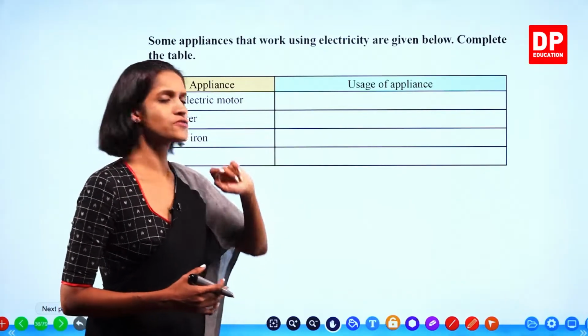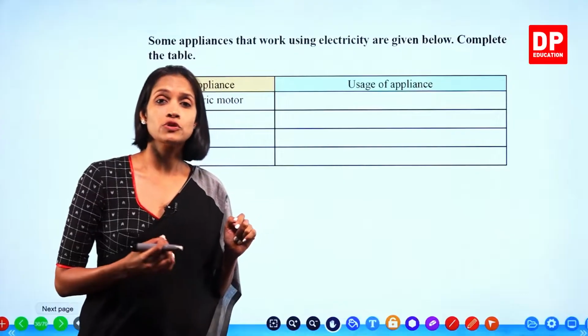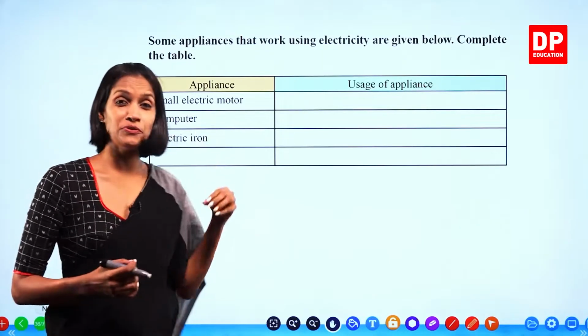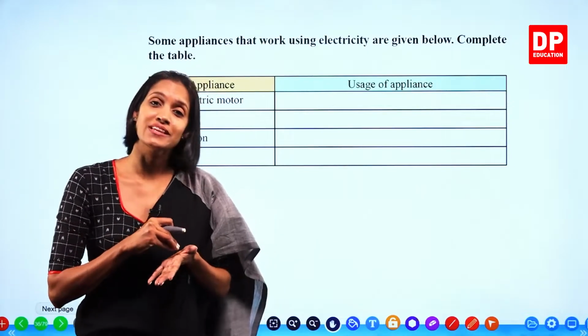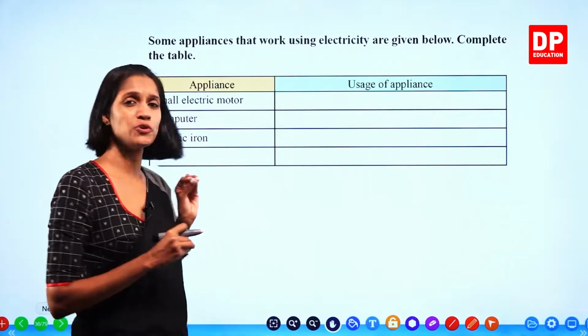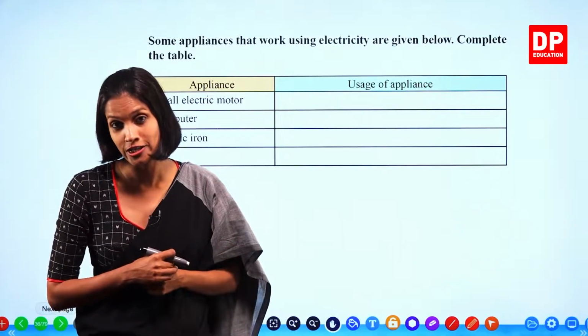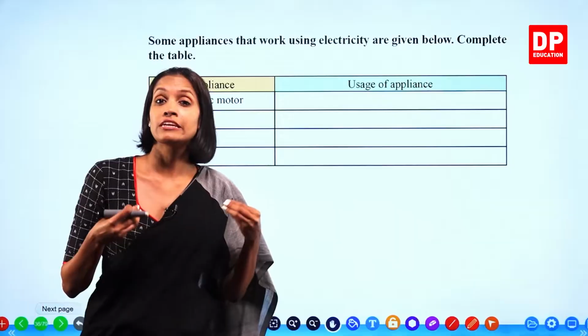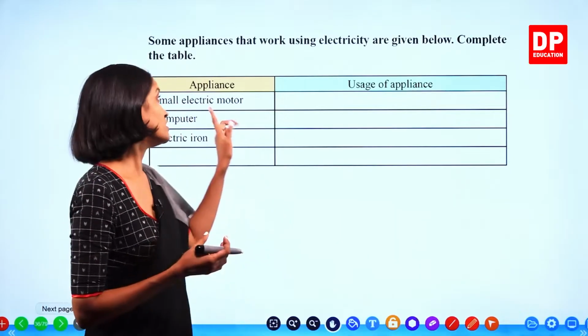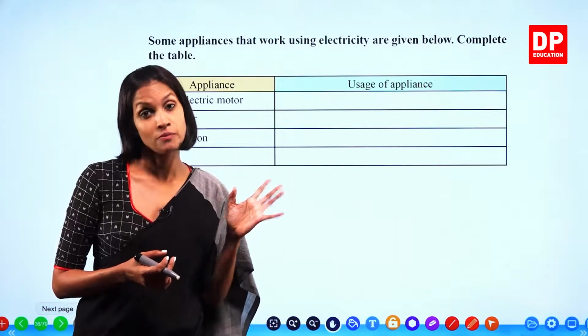What is the usage of small electric motor, children? You all know that some of you are good at making small toys, inventing new things. So in that case, sometimes to make small toys, we can use these type of motors. Okay, and even when we make different electrical circuits also, we need to use these type of motors.